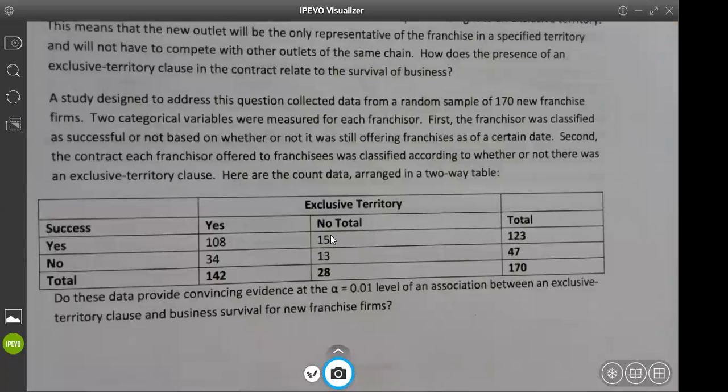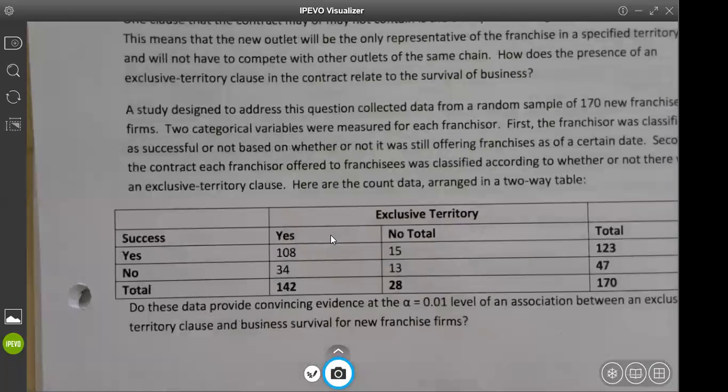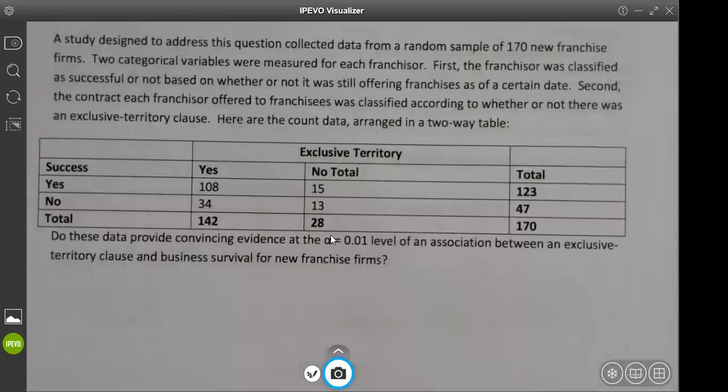Second, the contract each franchisor offered to franchisees was classified according to whether or not there was an exclusive territory clause. Here are the count data arranged in a two-way table. Okay. All right. Do the data provide convincing evidence at the alpha equals 0.01 level of an association between an exclusive territory clause and business survival for new franchise firms?